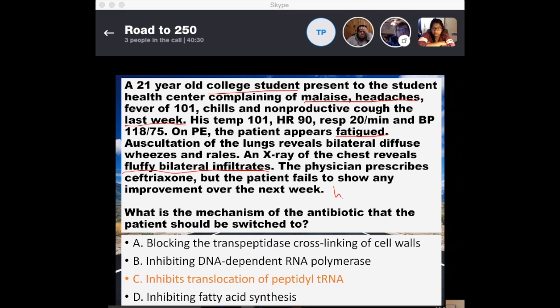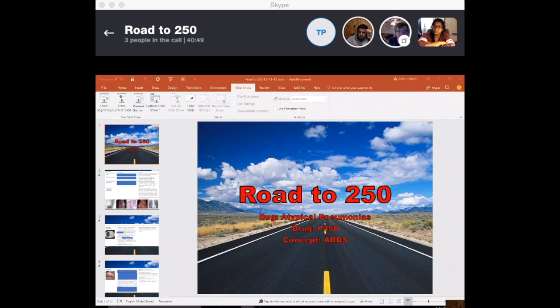Right, Myco, he's got a walking pneumonia. Right, so since it is an atypical, we have to use atypical drugs to treat this type of pneumonia. But ceftriaxone did not work. Okay, that is what I have for this.